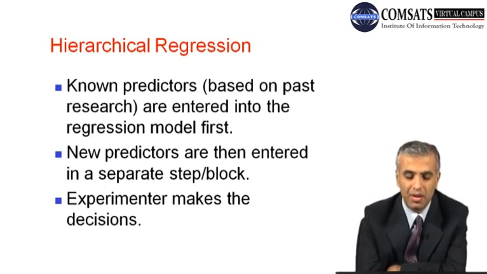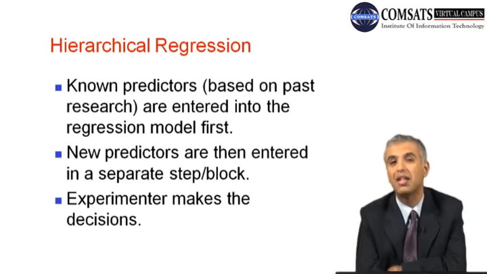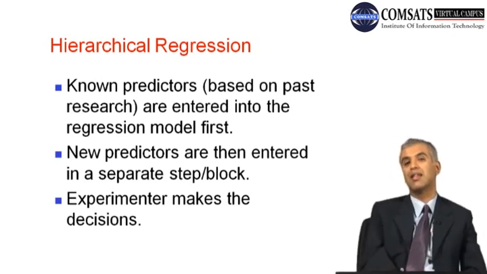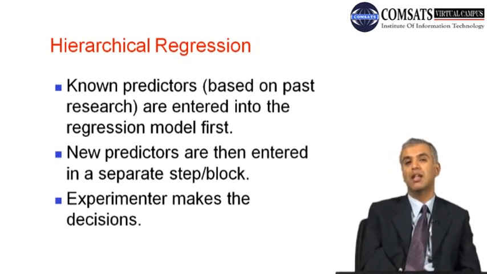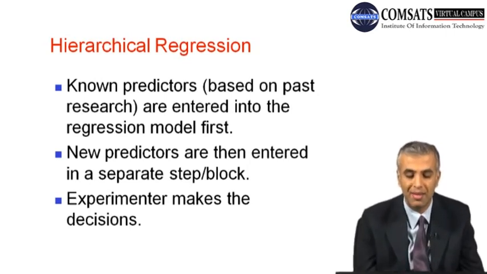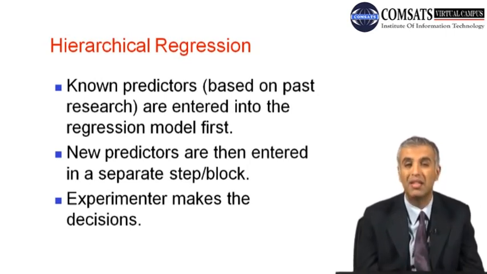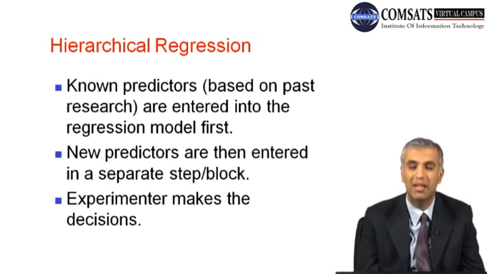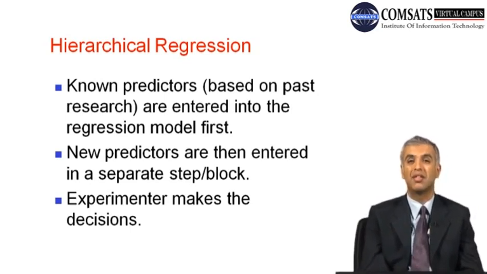Then we have new predictors, and these predictors are entered in a separate block so that we can observe their impact separately. This is another type, called block hierarchical regression. So in this whole methodology the experimenter makes the final decision.